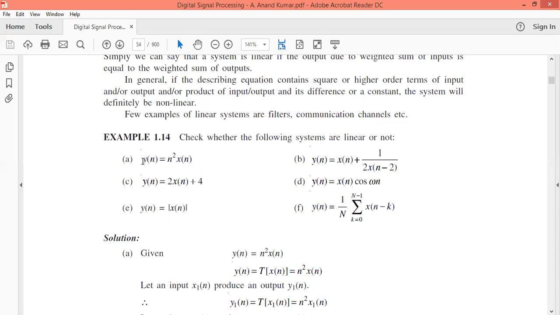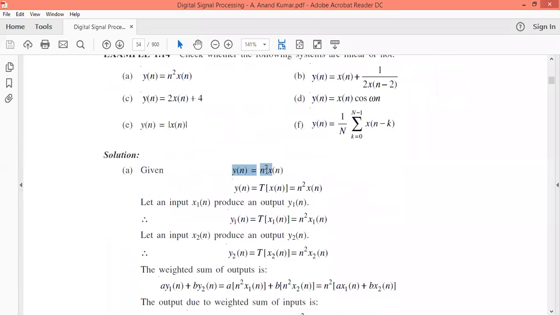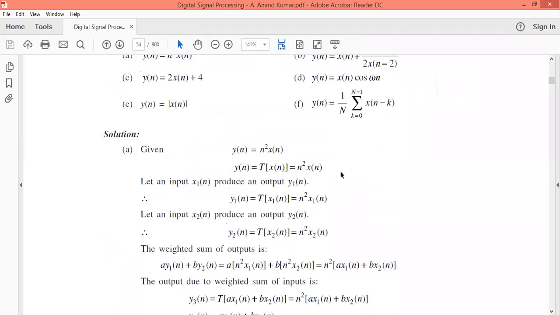Okay, so we see this example. First example, y(n) = n² x(n). What I told you: in the place of x, substitute x1, and write the output as y1. Now y1(n) = n² x1(n).